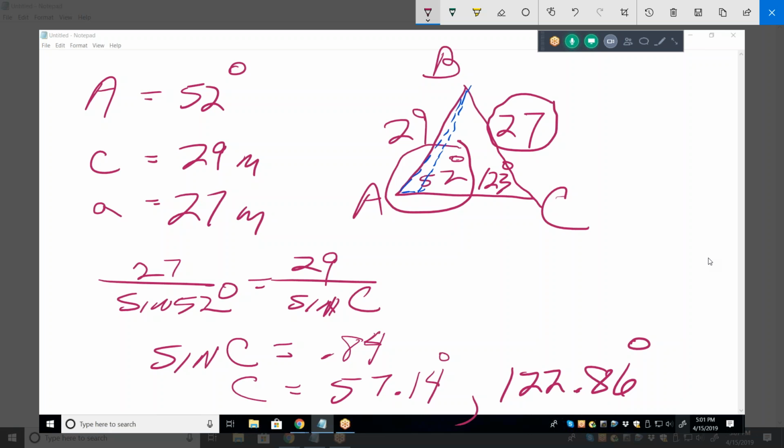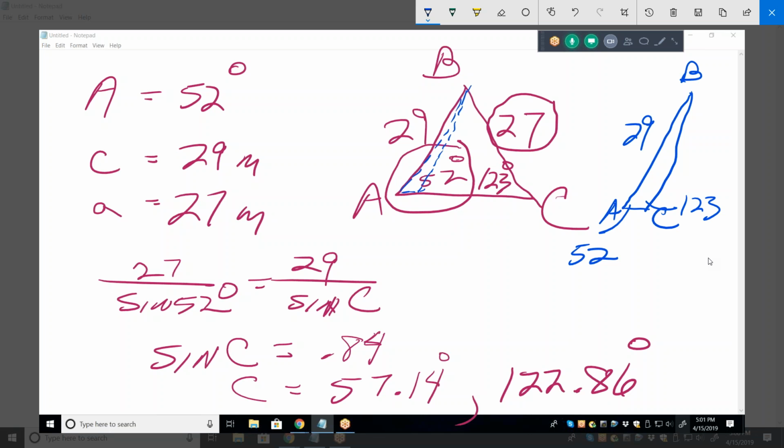I'm going to draw the blue one outside so that I don't confuse. Here's the other triangle. Still ABC. That's still 29. That's still 52. Only this one is 123, we'll call it, rounding everything up.